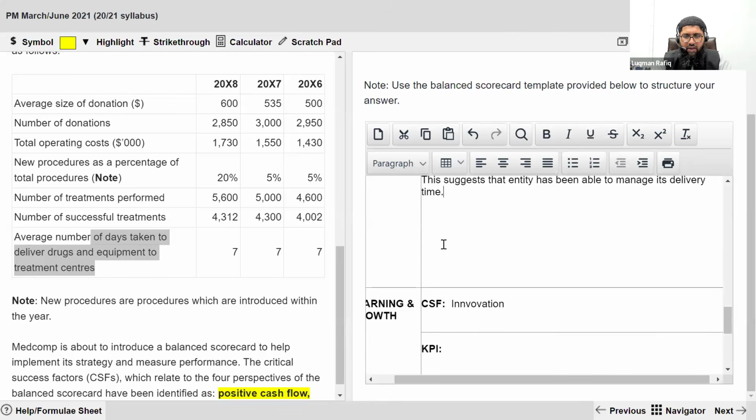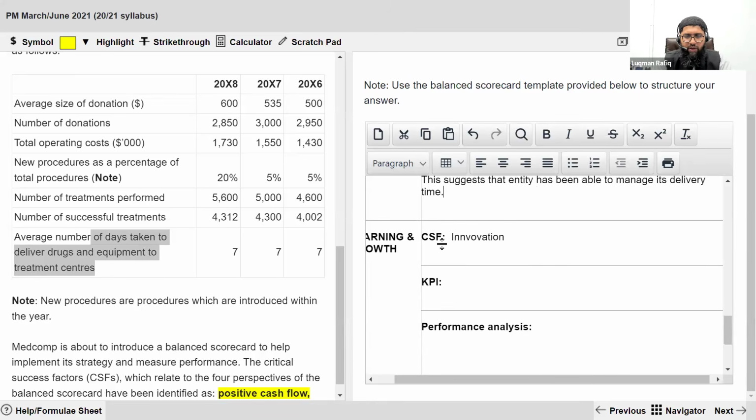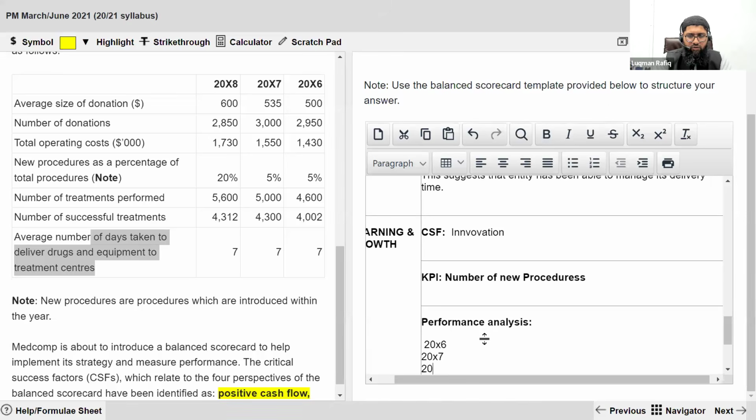Then we have got the last one, which is basically about innovation. So there was this new procedures as a percentage of total procedures. Number of new procedures for 2000x6, 2000x7, 2000x8.